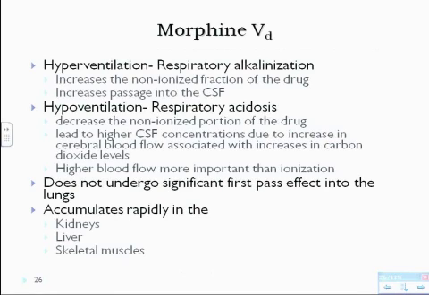That increase in cerebral blood flow will actually increase the CSF concentrations as a consequence. So high blood flow is actually more important than ionization. The other thing is that when you give an initial dose of morphine IV, it usually doesn't have a significant first-pass effect in the lungs. It accumulates rapidly in the kidneys, liver, and skeletal muscle over time.